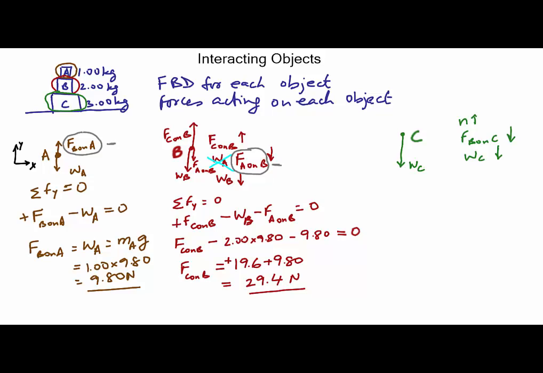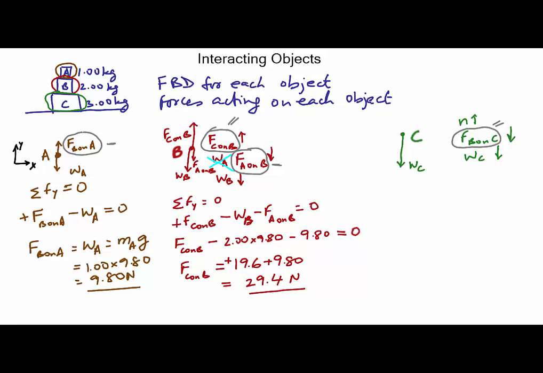The other force that's acting in the downward direction is FB on C. Do we know this value? Well, let's go back here and take a look. We just figured out FC on B. So I know the value of this, and C on B and B on C are Newton's third law pair. So this guy over here and this guy over here, they are equal in magnitude and opposite in direction.